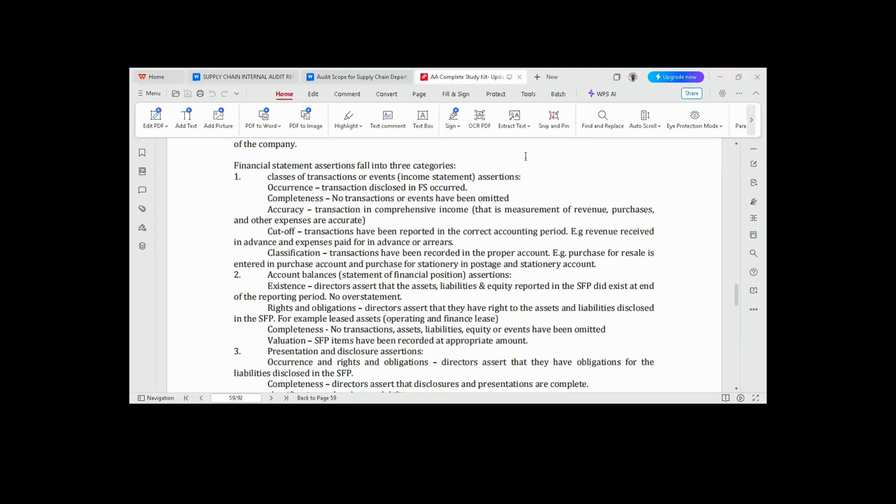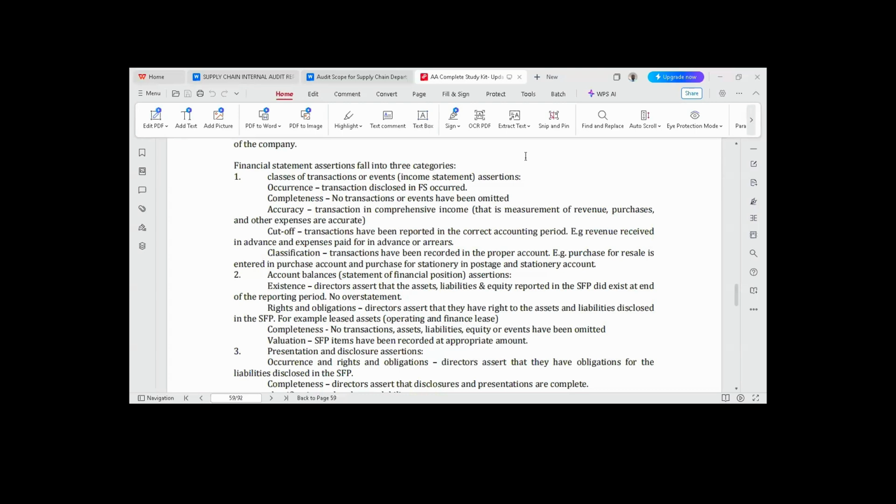So if the auditor checks the financial statement, especially the assets, and discovers that there is no evidence or proof that they have carried out an impairment test, then it means that the carrying amount in the statement of financial position is either overstated or understated.